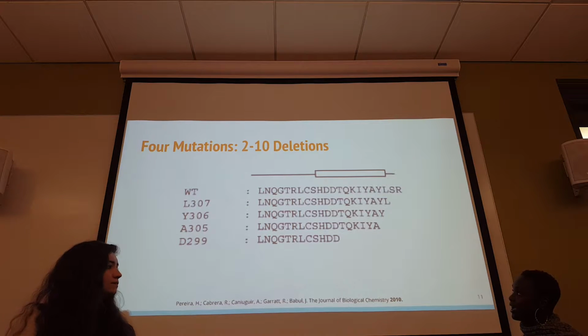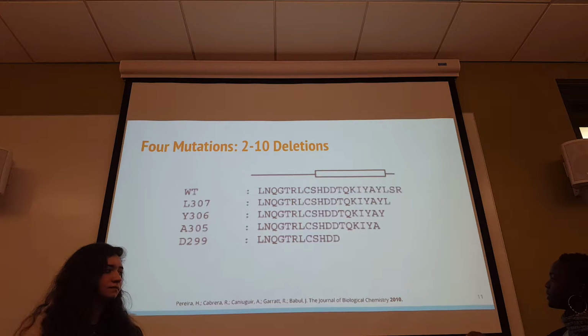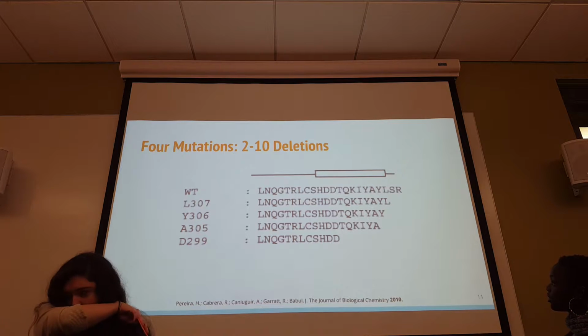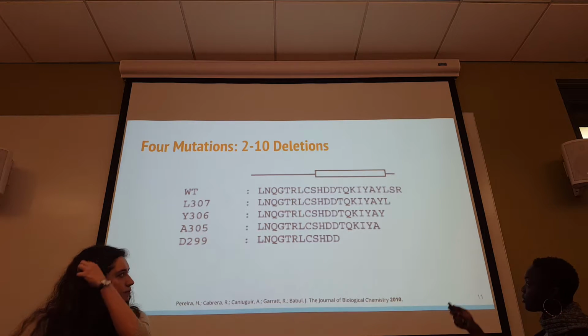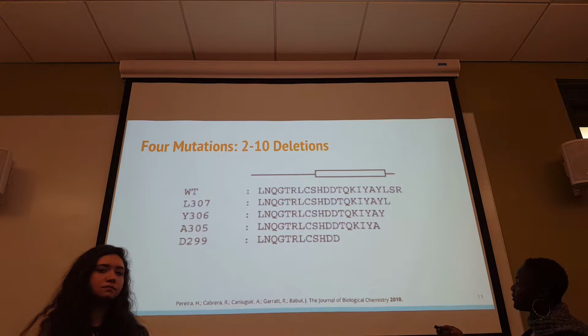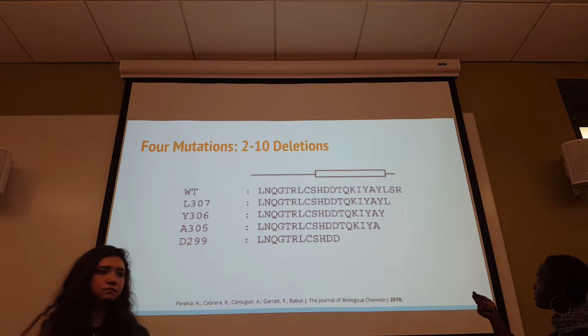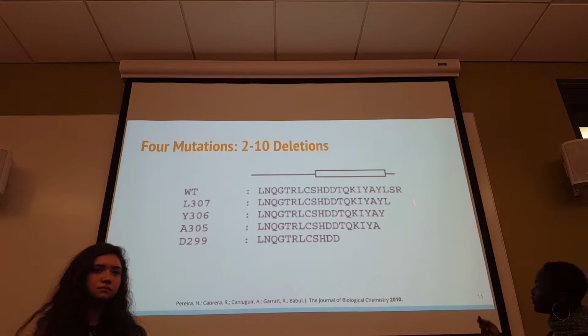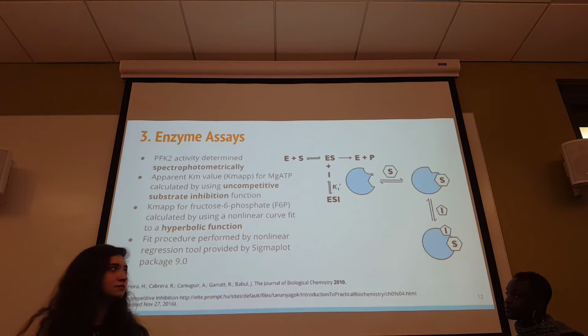And here we have an image which displays our mutants, so you have a total of 4 mutations, 2 to 10 deletions. The first one represents the wild type, where you have all of your amino acids present. The L307 is the first mutant with only 2 amino acids gone. The second is Y306 with 3 amino acids gone. The third being A305 with 4 amino acids, and the last is D299 with a total of 10 amino acid deletions.